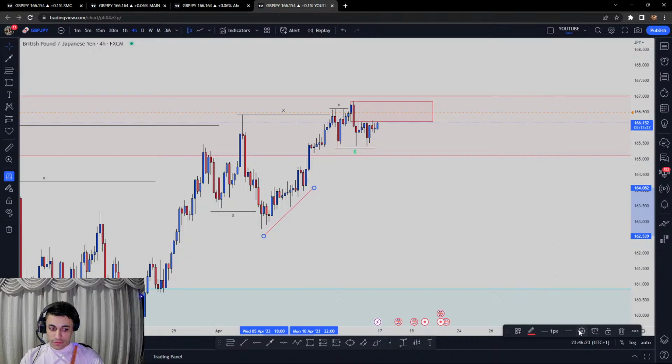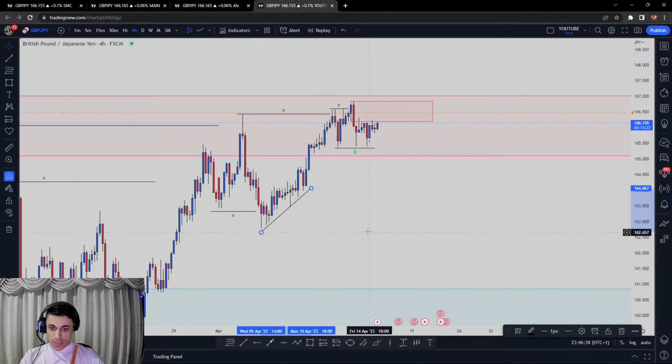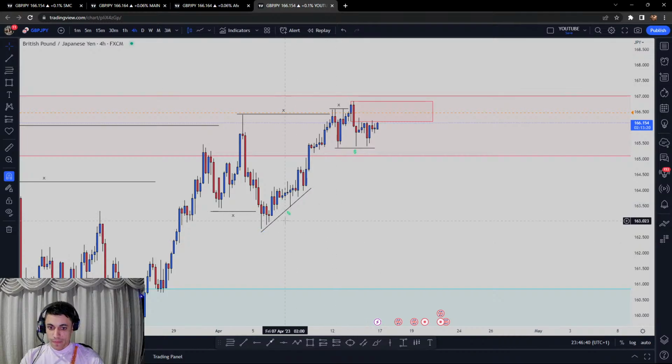So there's a lot of liquidity also resting below this level, from here to here. Cash, boom, right there. Another liquidity area that the market could potentially come back and sweep.